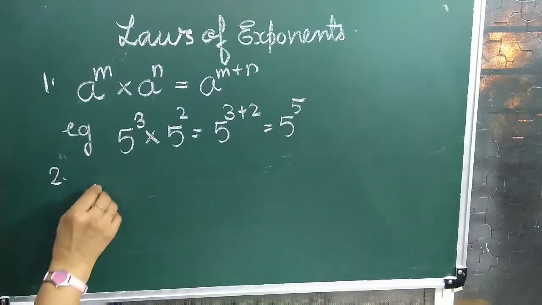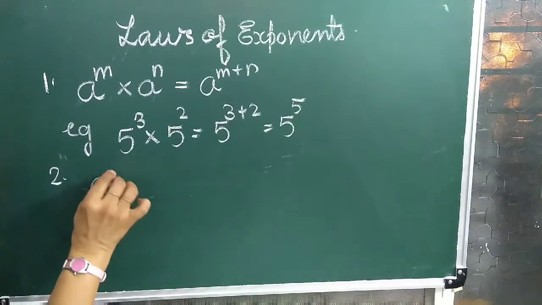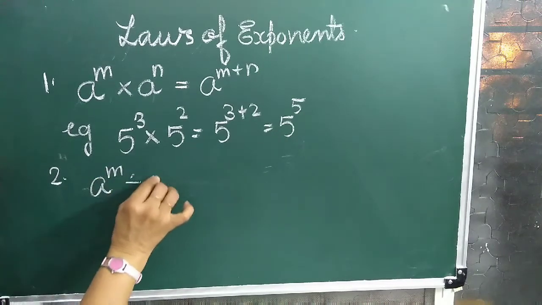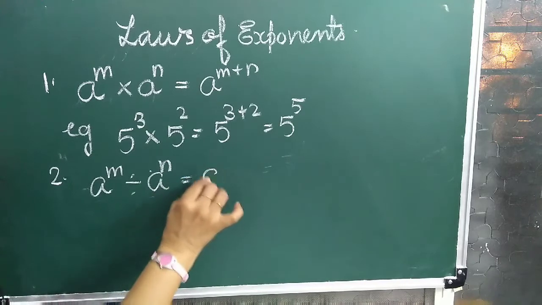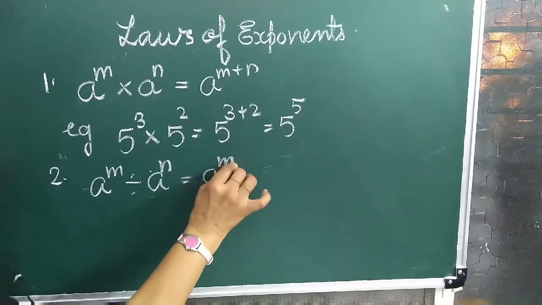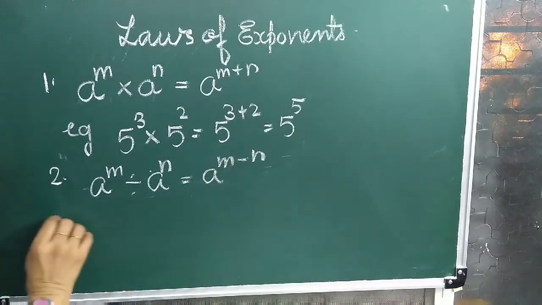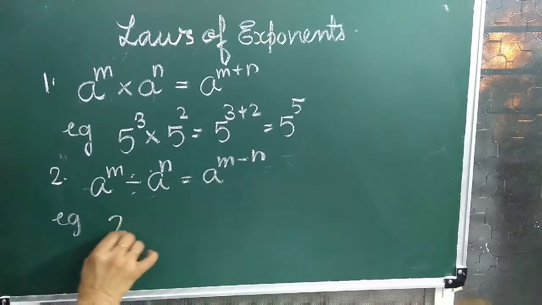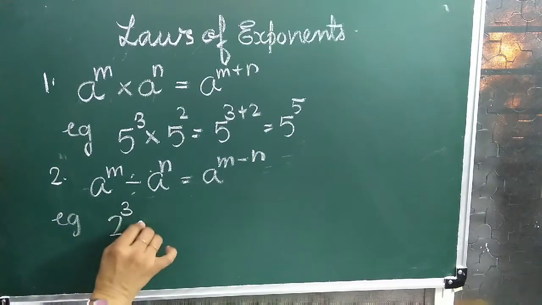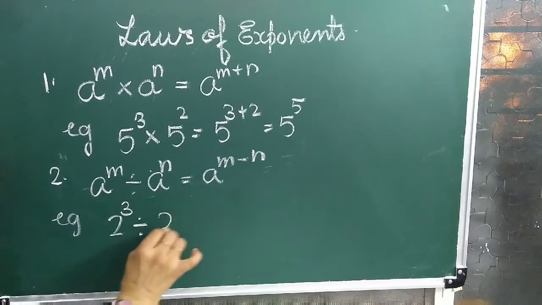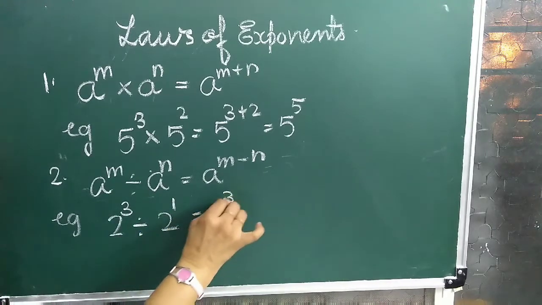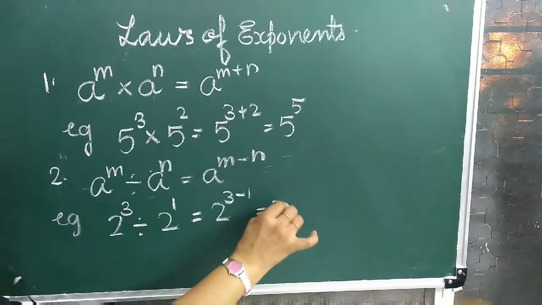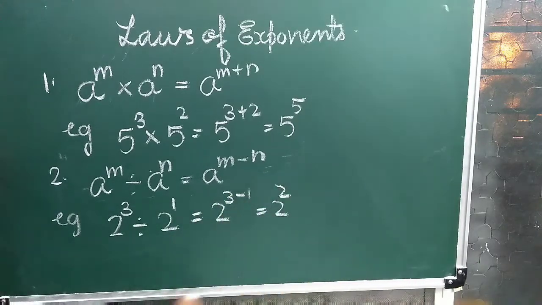The second law says a raised to the power m divided by a raised to the power n is equal to a raised to the power m minus n. For example, 2 raised to the power 3 divided by 2 raised to the power 1 is equal to 2 raised to the power 3 minus 1, that's equal to 2 raised to the power 2.